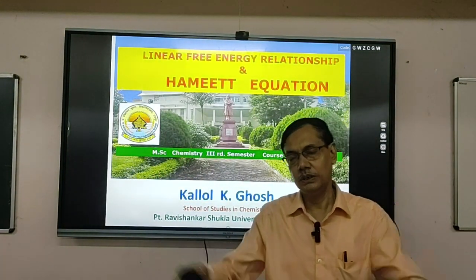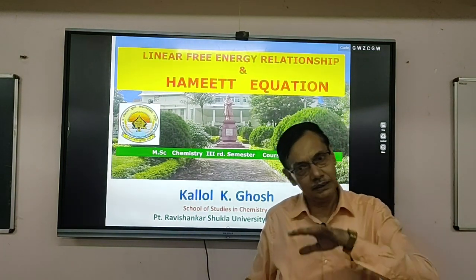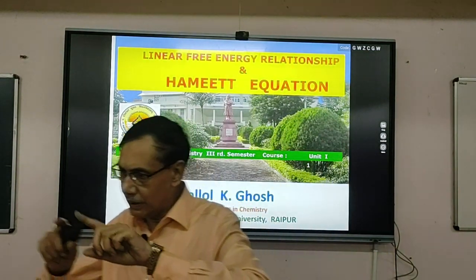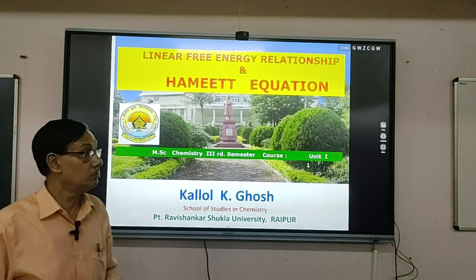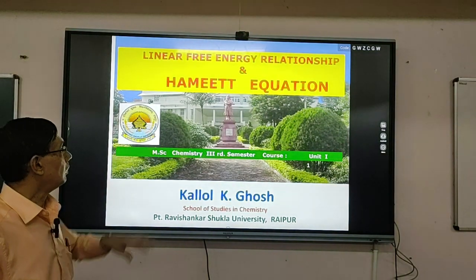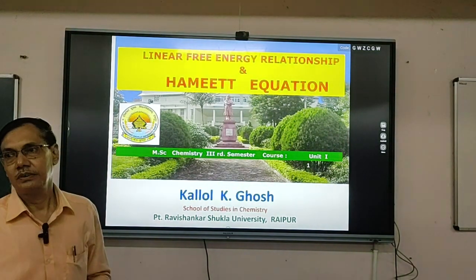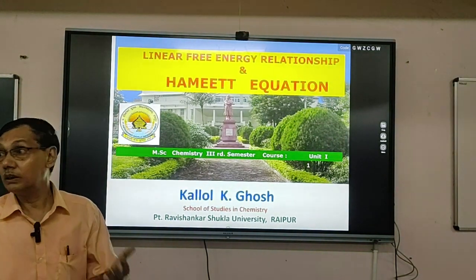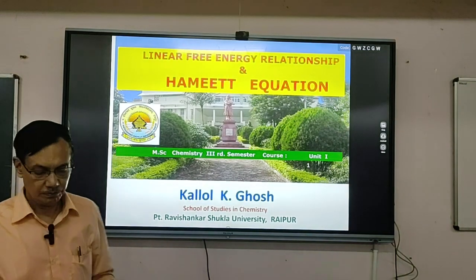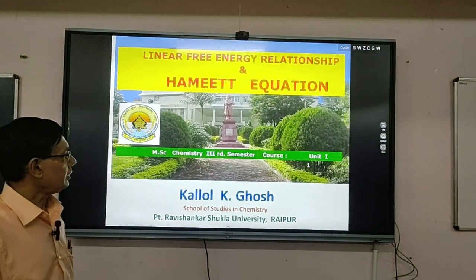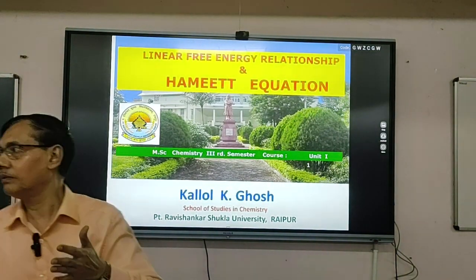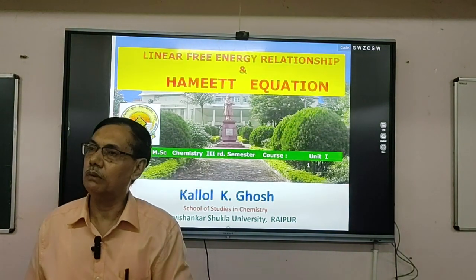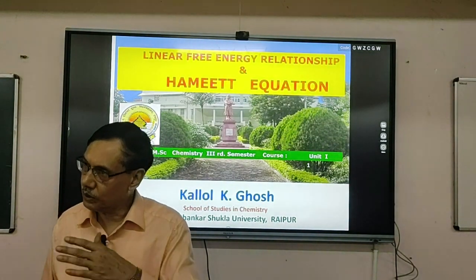So whenever you see our prospectus, you will find that whenever we prepare some of the new course, we must add all such type of things. Why we study this Hammett equation? What is the importance of the Hammett equations and other things? And you must know the literature, you must know the important books related to the Hammett equation.